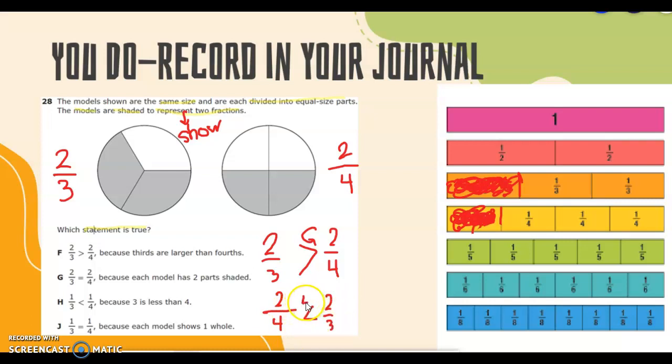Okay, so let's label. So I have a greater than symbol here. It's saying that 2/3 is greater than 2/4 because thirds are larger than fourths.